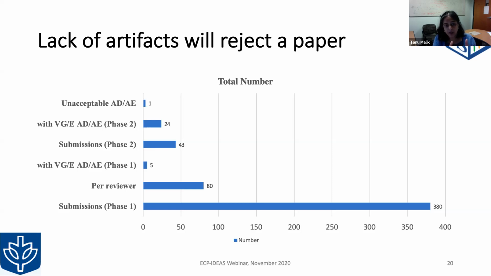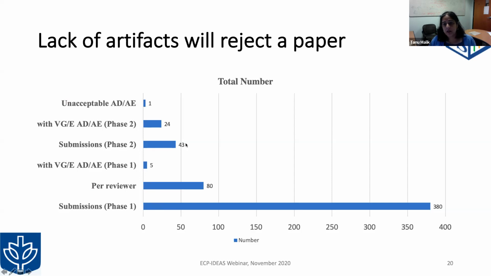In phase one, 75, as you can see, I have 75 over here, basically got a rating of good and below. And anything reviewed as good or below was considered unacceptable for submissions. So in the very first phase, authors have not submitted even the relevant artifacts for their paper.